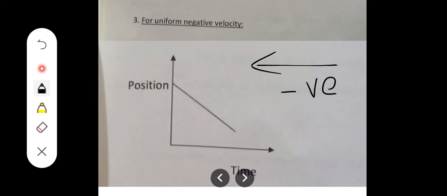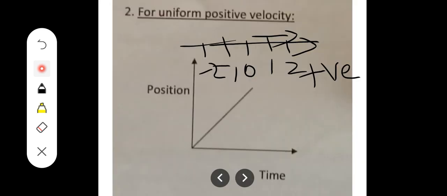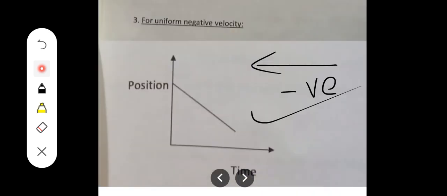For that kind of motion, this will be the graph. So just remember, again, the definition is important, this graph is also important. So 3 types of graph, very important for examination. First, the definition of position-time graph is important. With that, for stationary object, for uniform positive velocity, and for uniform negative velocity.